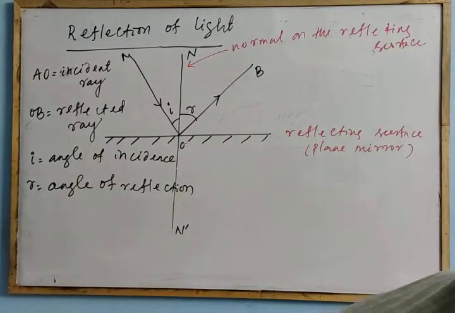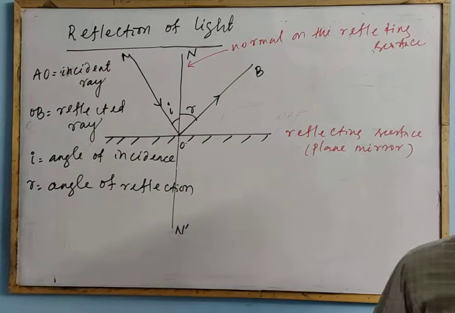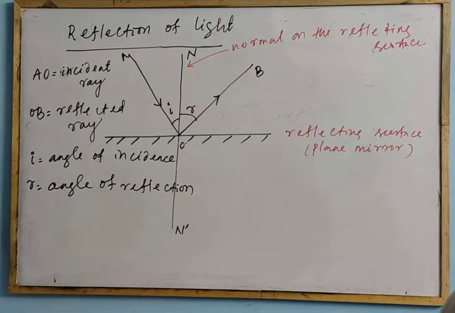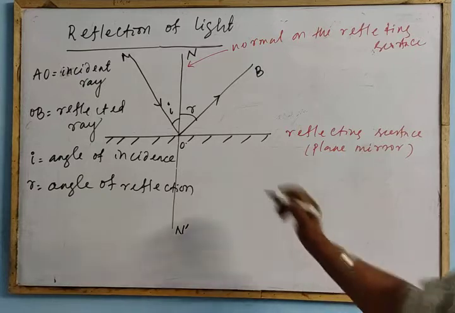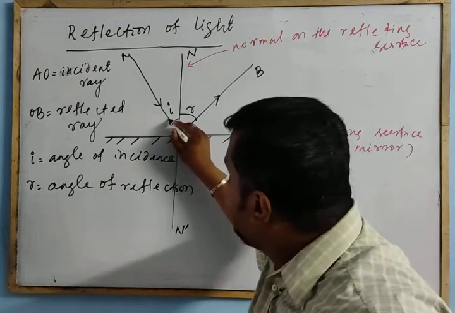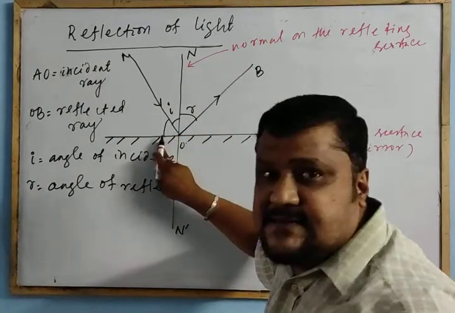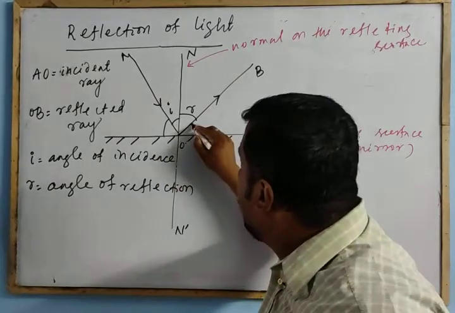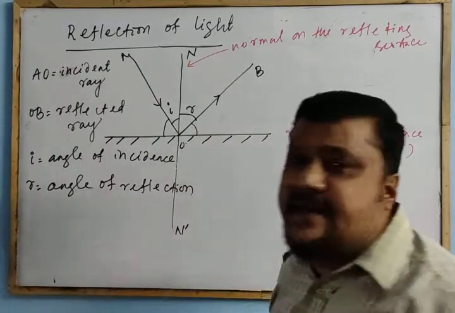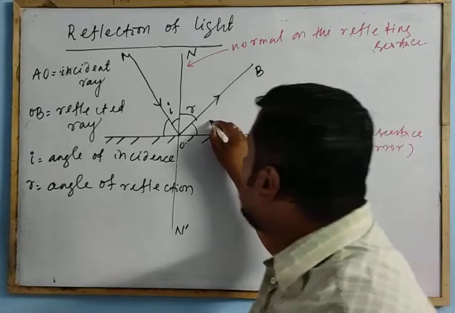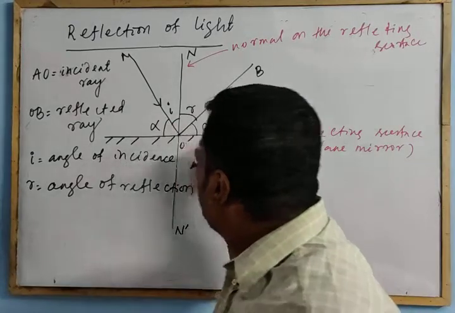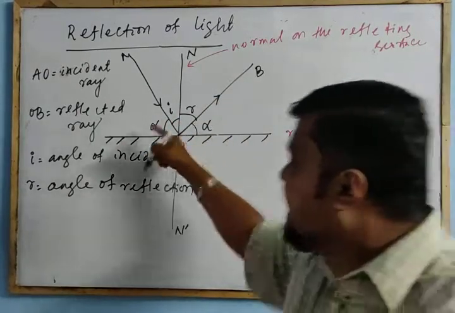Clear? Then another one is the angle between the incident ray and the reflecting surface, or between the reflected ray and the reflecting surface. These are called alpha. Both are the same. We will discuss why they are the same.